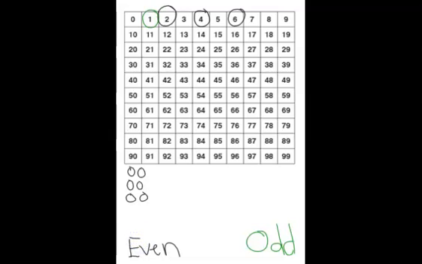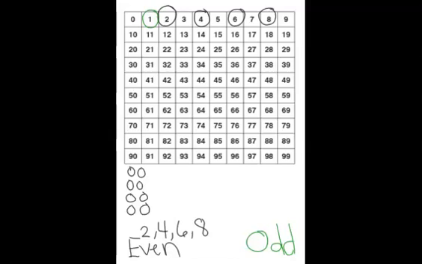Okay. And what if I have 7? Do they have a partner? No. But if they have 8, okay. So now I know that even is 2, 4, 6, and 8.